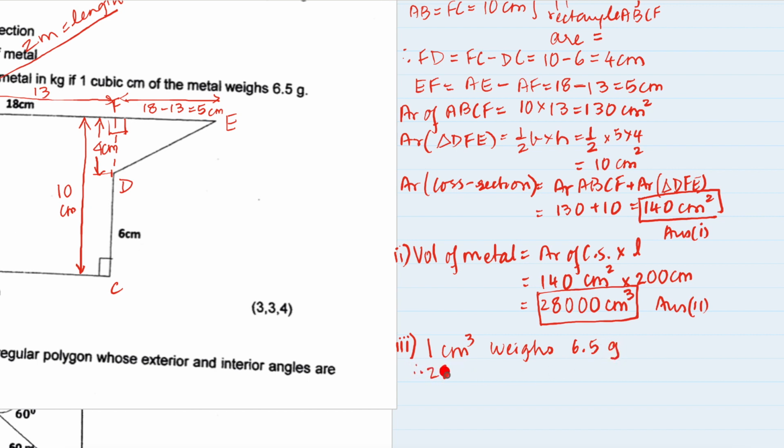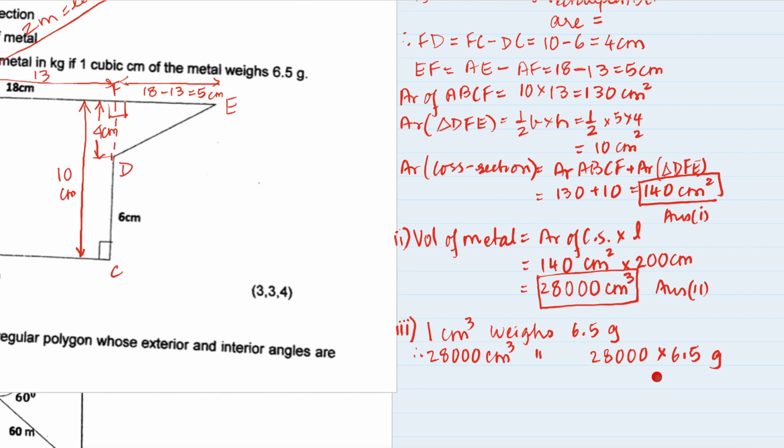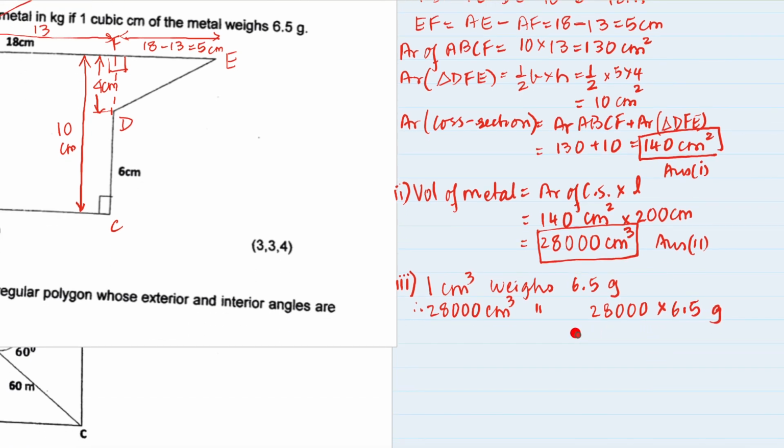Therefore 28,000 centimeter cube weighs 28,000 multiplied by 6.5 gram, which is equal to, I will use 1 0 and make this 65.